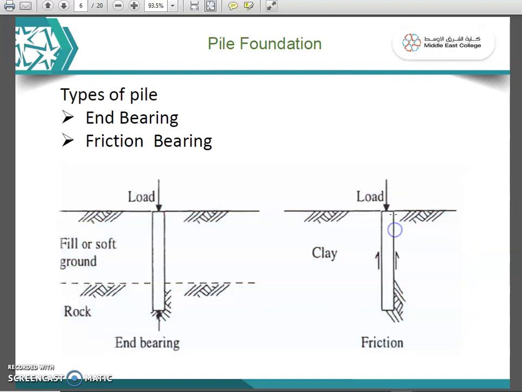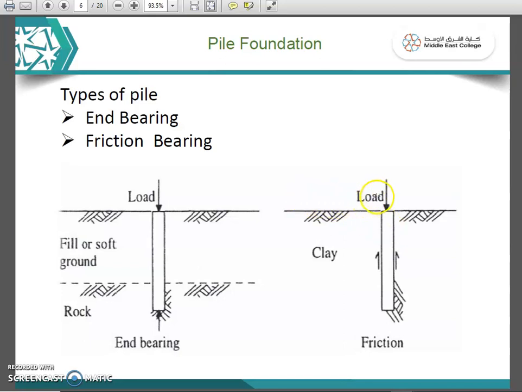In this condition, the pile is not laid until the hard stratum, or there is no hard surface or end for this pile. So the pile is constructed in such a way that the soil around the pile can give some friction, and that friction is sufficient to take over the load coming onto a pile.